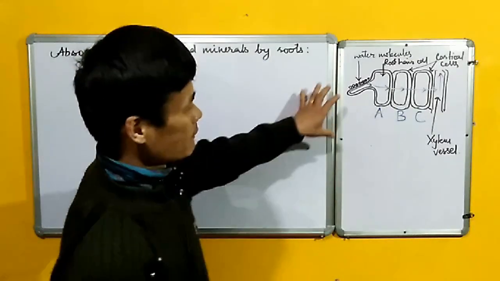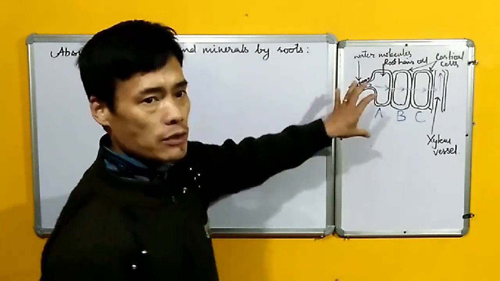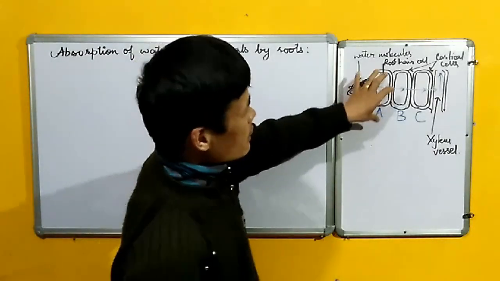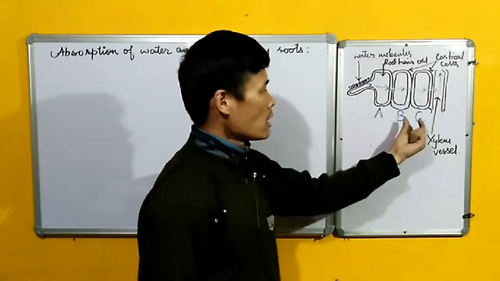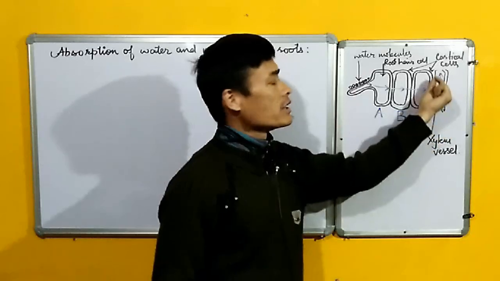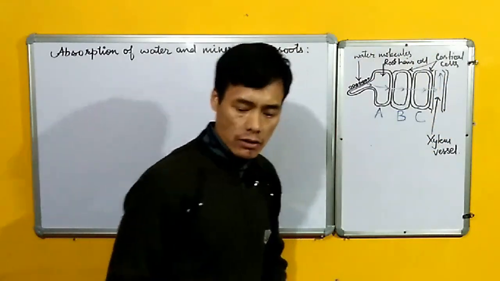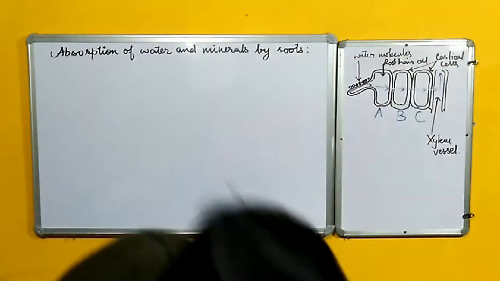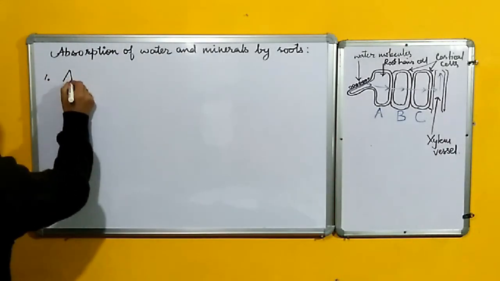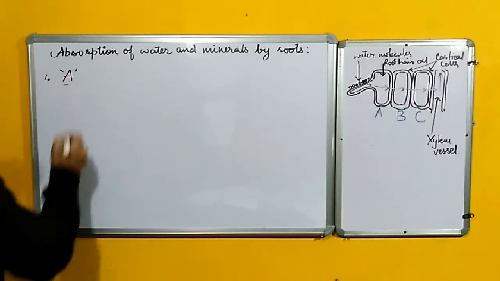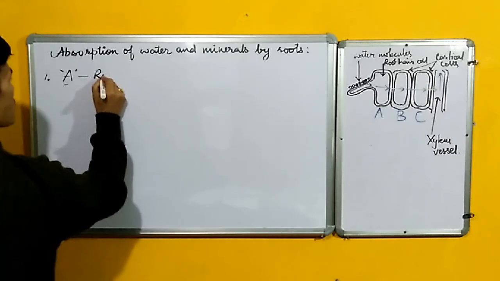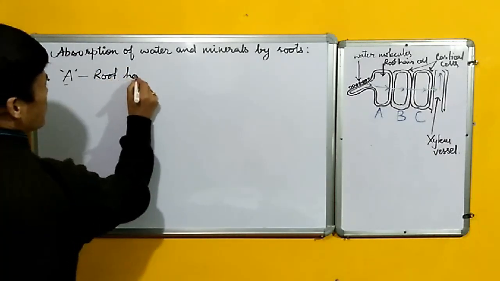Now, what is happening? Let us try to understand what exactly is happening in these 3 cells before the water reaches the xylem, and from where it is transported into the aerial parts of the plant. So here we come. Number 1, cell A is a root hair cell.